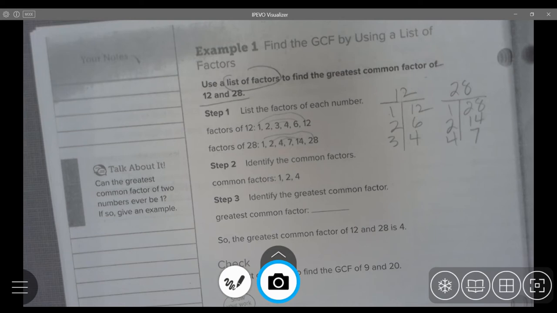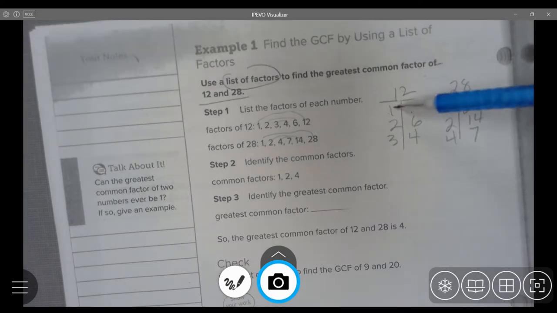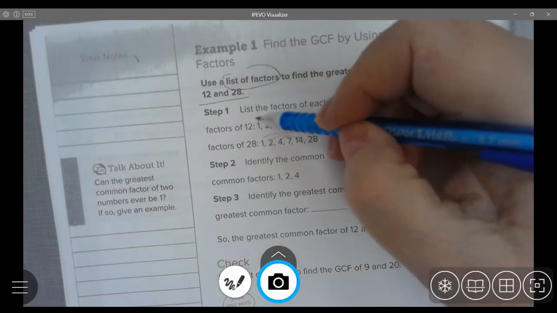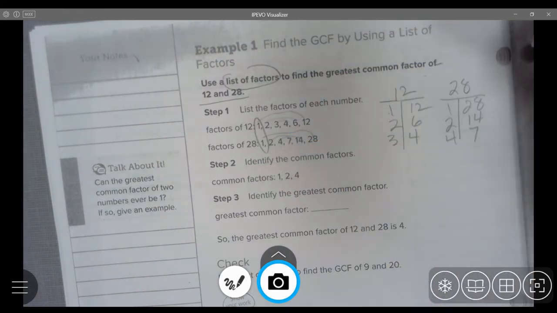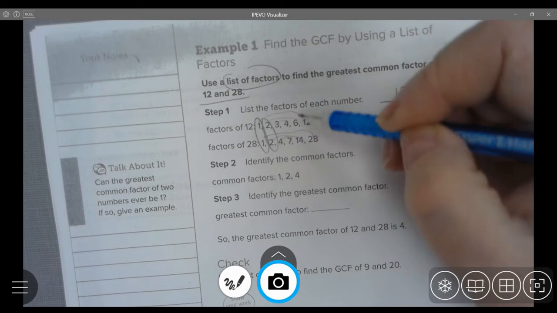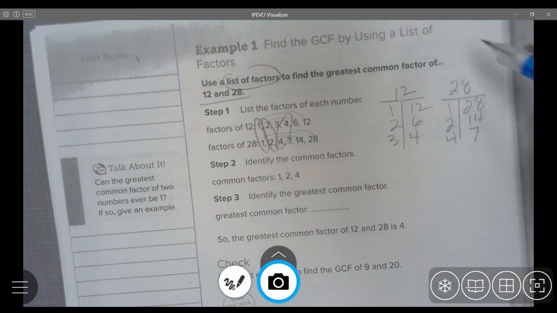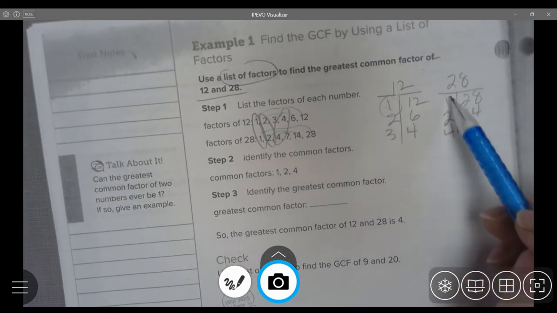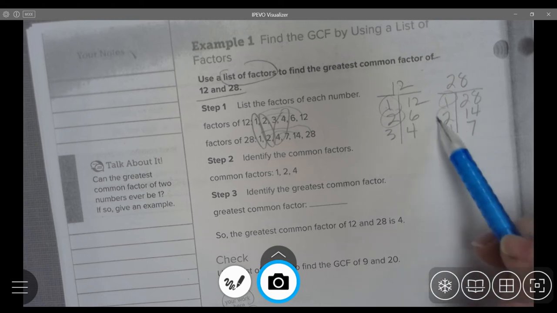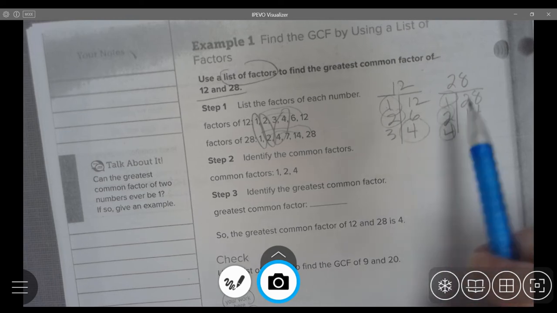And then I would go and I would identify the common factor. So you can do that either here in the T-chart or in the list, 1 is a common factor, 2 is a common factor, and 4. And you can see that here. We have 1s, we have 2s, and we have 4s.